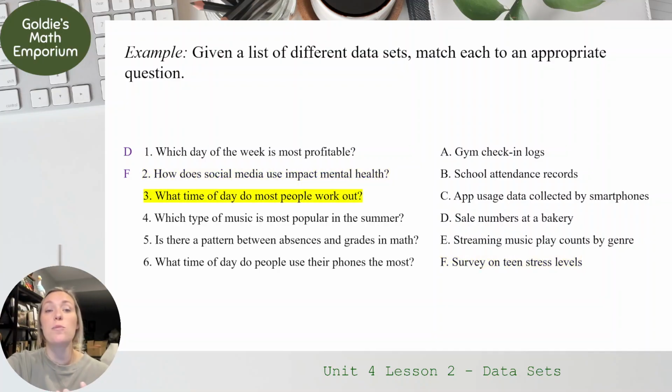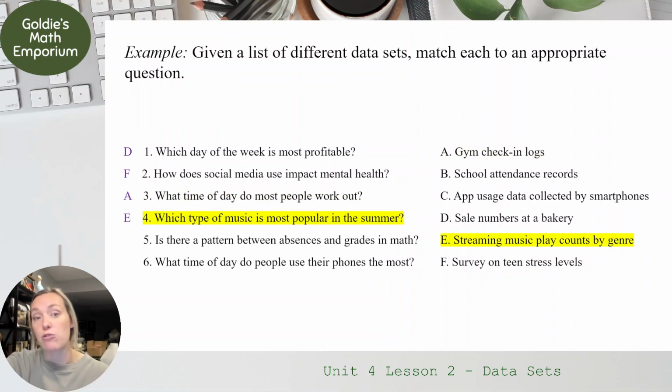What time of day do most people work out? Gym check-in logs are going to be good. Again, maybe streaming music plays count by genre. Okay, maybe streaming music can be affected by what time of day people work out, right? There's a loose connection there, but we always want to make sure that we have a data set that has a strong connection to the question we are trying to answer, okay? Which type of music is most popular?